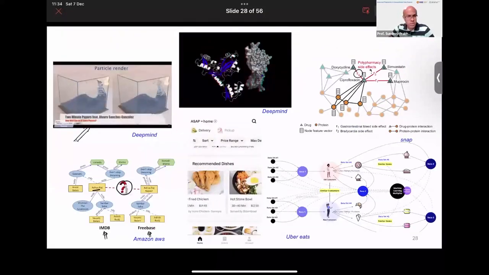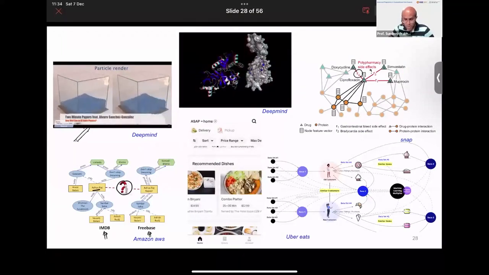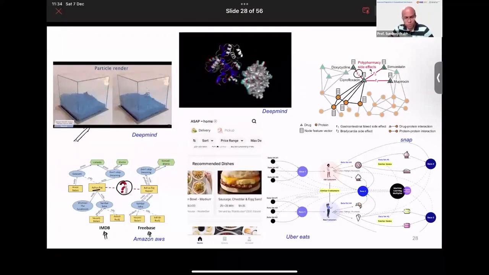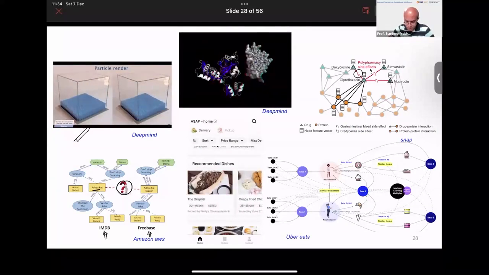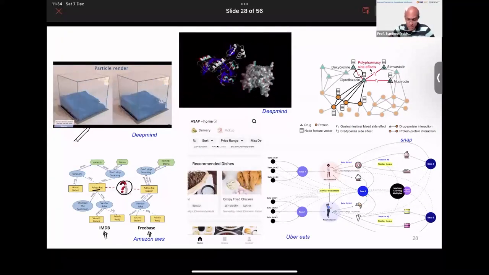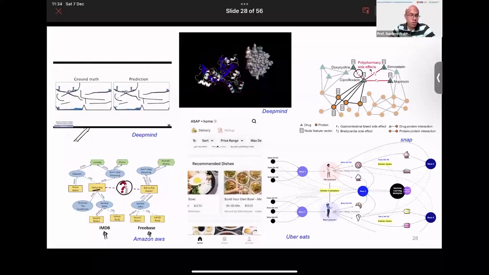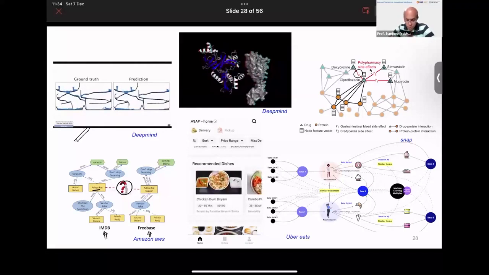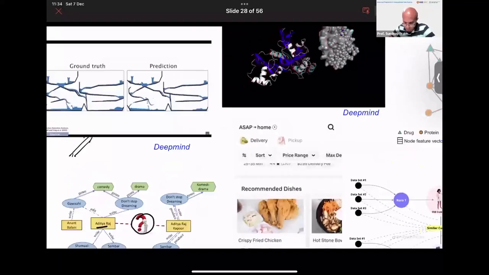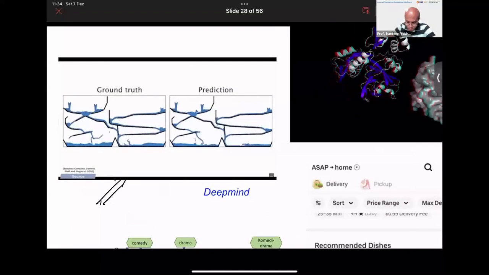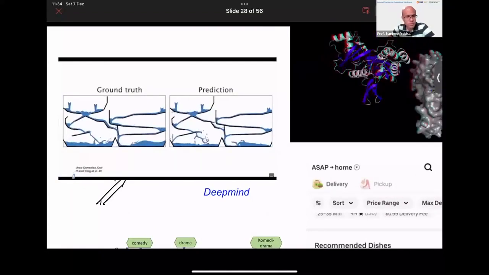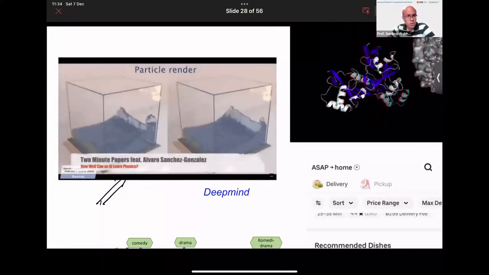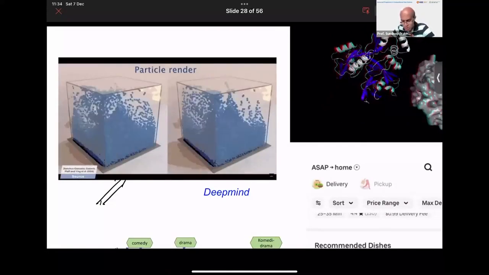Some of these pictures you already saw in the beginning when I was introducing this module. For example, this particle rendering that I mentioned to simulate physics is basically a graph neural network used to exploit the local topology. What we see here is a graph neural network in action, where you see certain physical phenomena, like throwing these particles in this cube, and how it behaves.